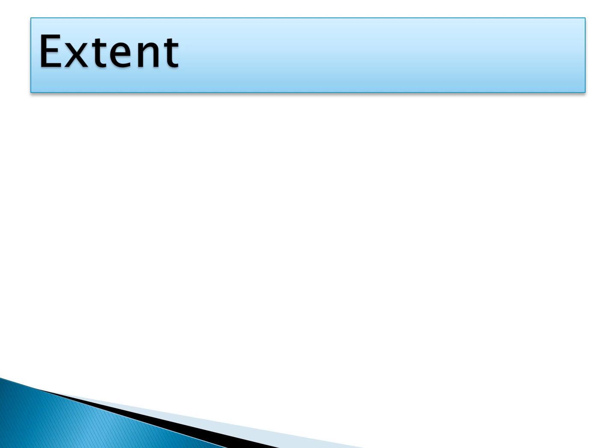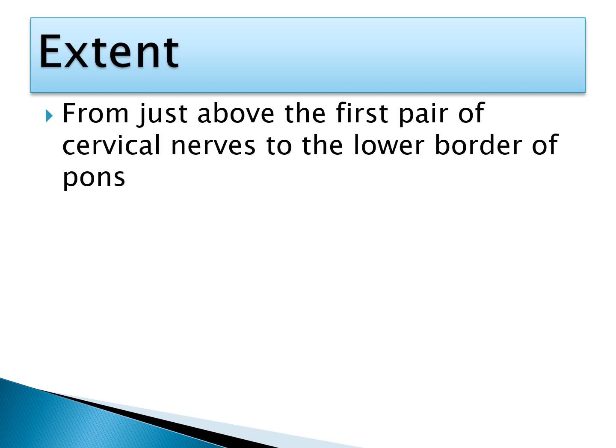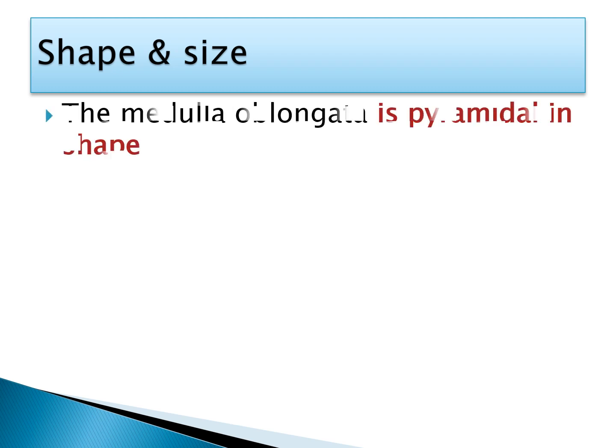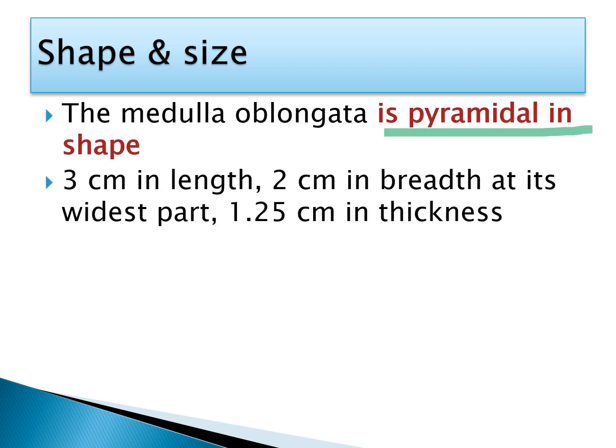Now we will see the extent of the medulla oblongata. It extends from just above the first pair of cervical nerves to the lower border of the pons. Now we will see the shape and size of the medulla oblongata. It is pyramidal in shape. Size: it is 3 cm in length, 2 cm in breadth and 1.25 cm in thickness.